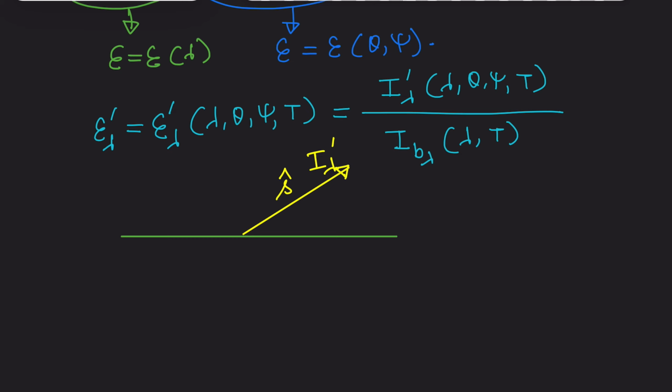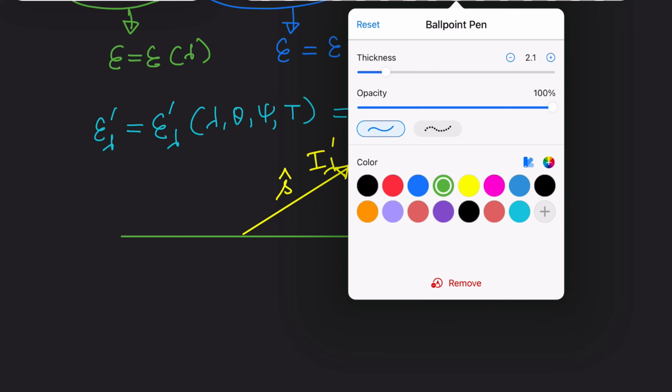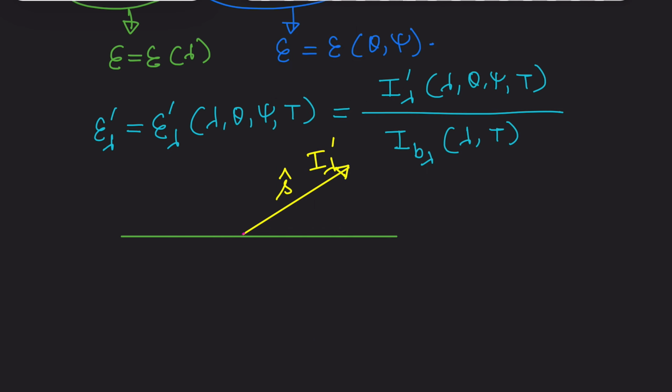Now in this same direction, the black body will also have a radiation ray going out, which ideally I should show with a bigger arrow. So this is I_b lambda.